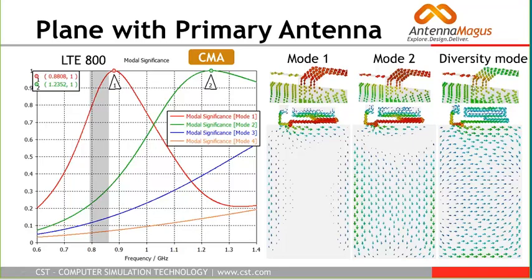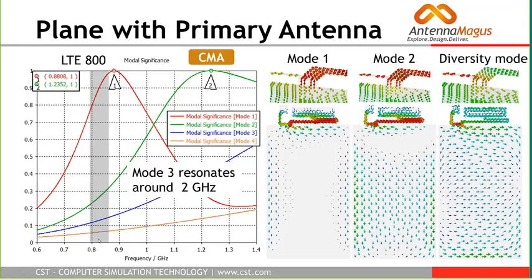However, we can still find our mode which is suitable for diversity, displayed as the last picture on this slide. So again, you have a lower current going through the port of the main antenna, and this mode is actually mode 3, which is displayed as a blue curve in the first plot. The difficulty is that this mode 3 is not resonating in the band which we are interested in, but is resonating much higher.